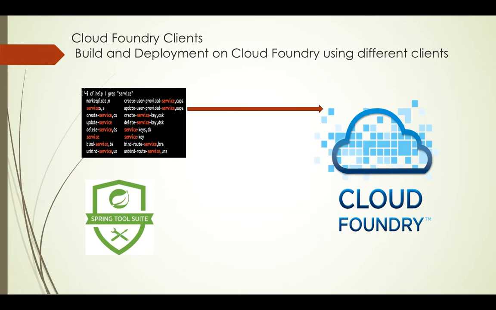Basically any of the clients requests the Cloudfoundry, for example CF push, and then the Cloudfoundry performs that operation and responds back with the logs. If the operation is a success, the log shows on the client side that the operation was successfully performed. If some error comes or some problems occurred, then the log shows the error details and all.